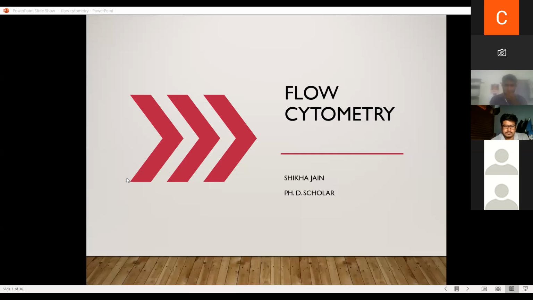Can you see the flow cytometry screen over here? Is it okay now?